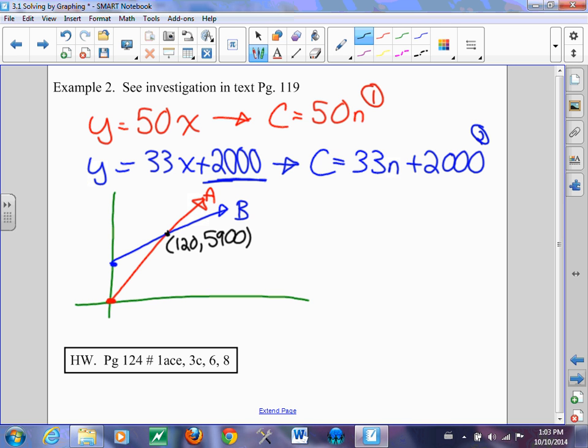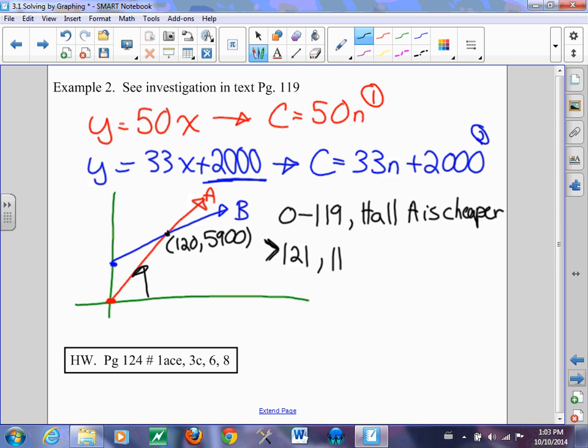Okay, so here's a real life situation. If you're going to have less than 120 people, so 0 to 119 people come, which company is going to be best? It's going to be hall A because it's lower on the graph. So between 0 and 119 people, hall A is cheaper. Whereas if we have greater than 120, so 121, that's the greater than sign, guys, so greater than 120 people, hall B is better because it's cheaper.